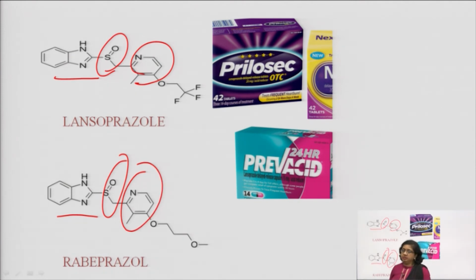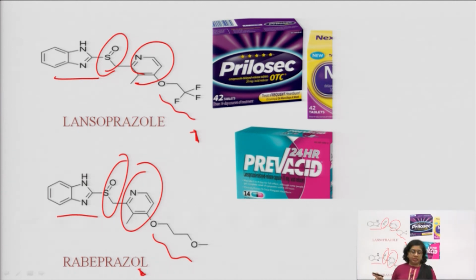Only the difference is in R2, R3 and R4 in the case of lansoprazole and rabeprazole. So, you will remember the structure like this: benzimidazole, sulfinyl group, pyridine group. These are common in all cases. Only the difference is this portion where we have written R2, R3 and R4.